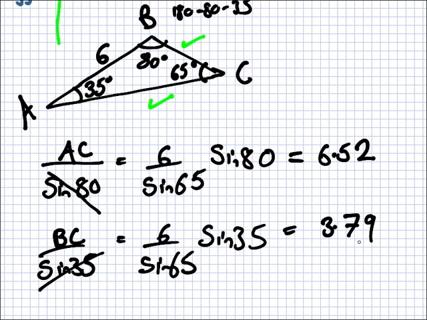Now, we'll do this together. Just copy this in your notebook, and then we'll figure out piece by piece all the information. So if you can just draw a copy of this in your notebook.